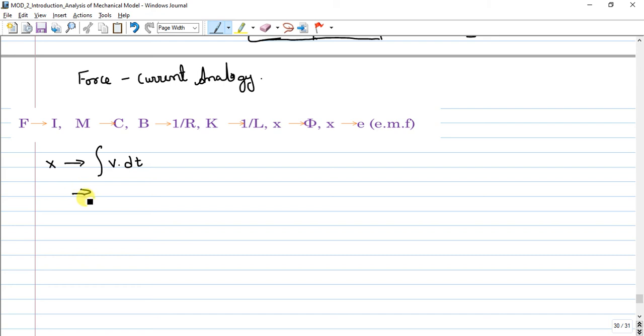When I do the differentiation, it will be dx by dt, and the integration will be removed, that will be v. And if I do the double differentiation d square x by dt square, I will get the differentiation of v with respect to t. This consideration you need to make in order to write down the equation in terms of the force current analogy.